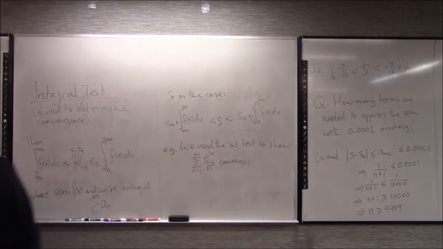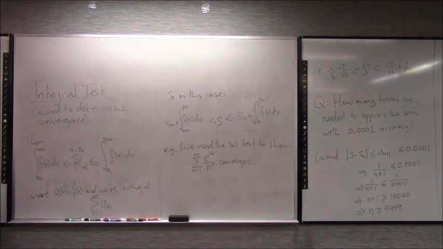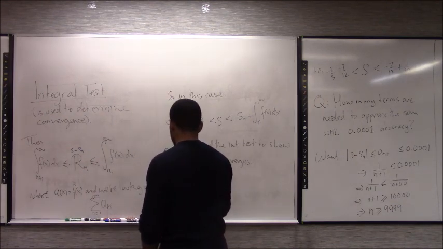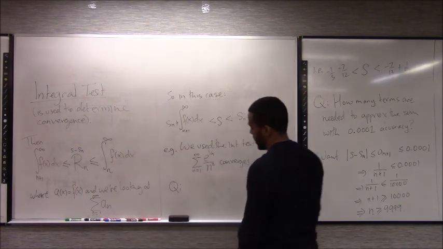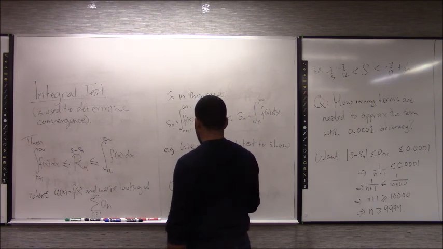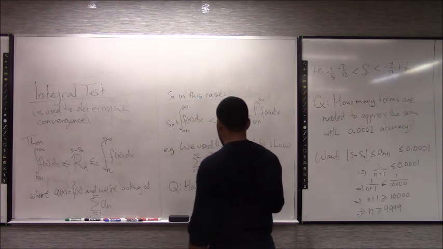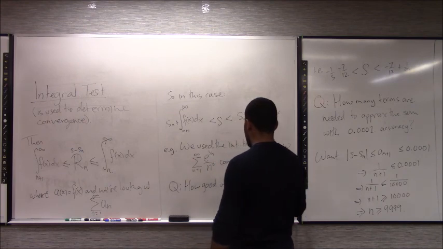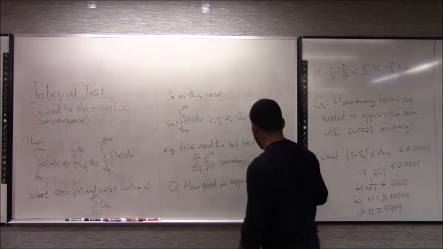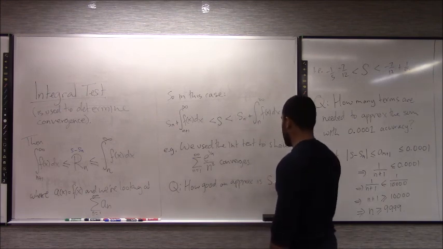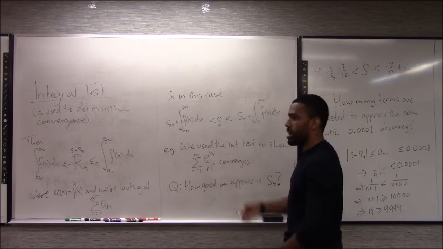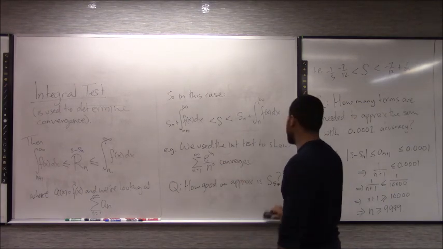That was the kind we did. So I might ask you the question, after you prove that this converges by the integral test, how good an approximation is, say, S5? If I add the first 5 terms of this thing, how close am I to the answer?